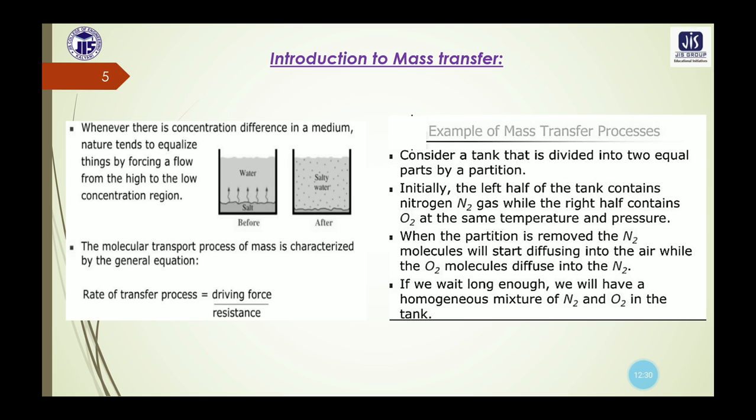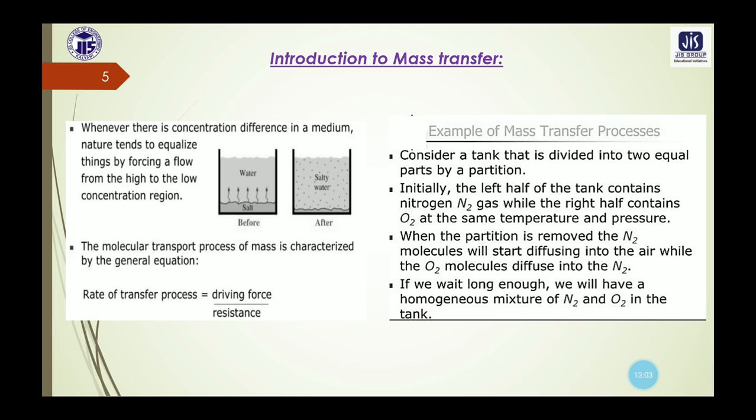Whenever there is a concentration difference in a medium, nature tends to equalize things by forcing a flow from the high to the low concentration region. In this diagram, we can see water and salt getting mixed. After proper mixing, due to nature's tendency to equalize things, there will be a mixture of salty water.